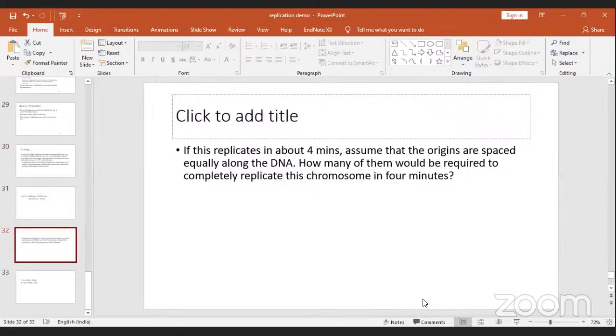And if anyone is stuck anywhere, you can unmute, or you can post in the chat box where you're stuck, so that it will be easy to explain.